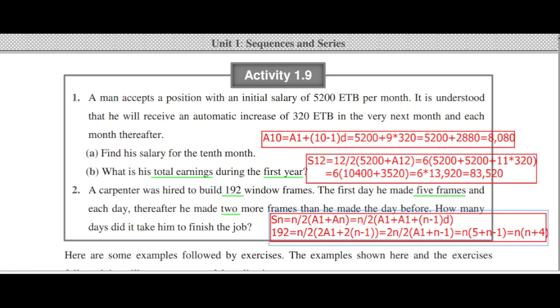n times n plus 4 is equal to 192. Let's expand this: n squared plus 4n is equal to 192. n squared plus 4n minus 192 is equal to 0.